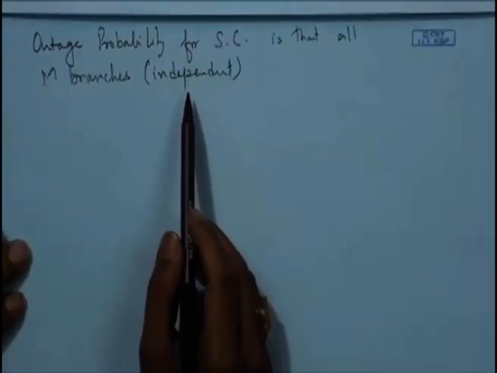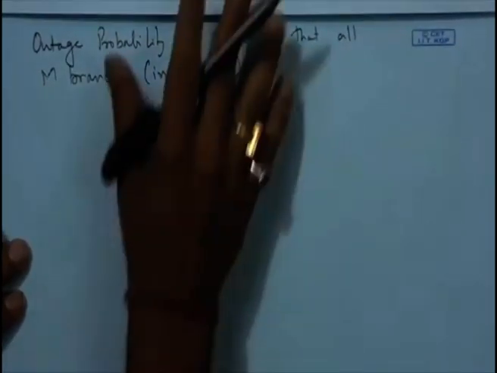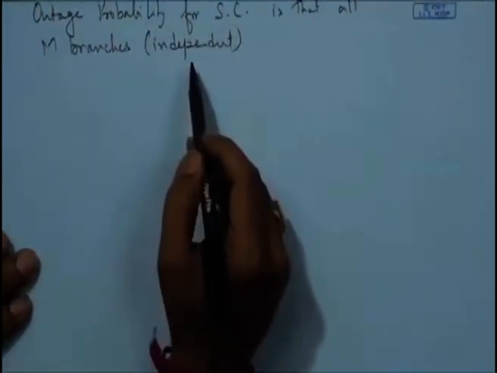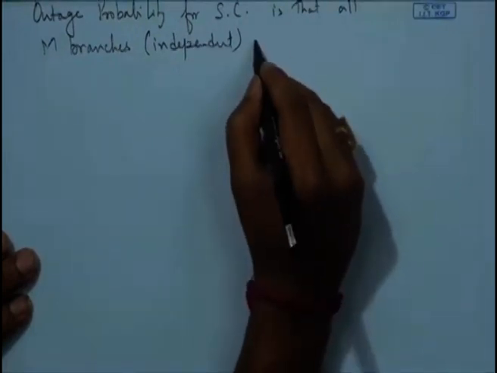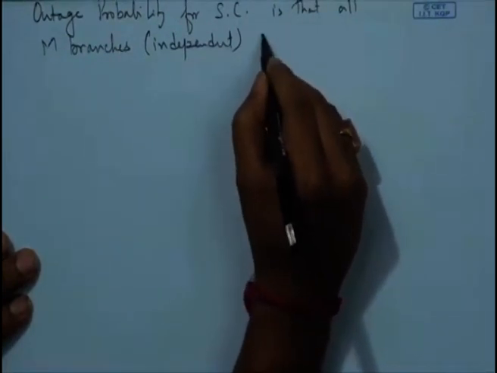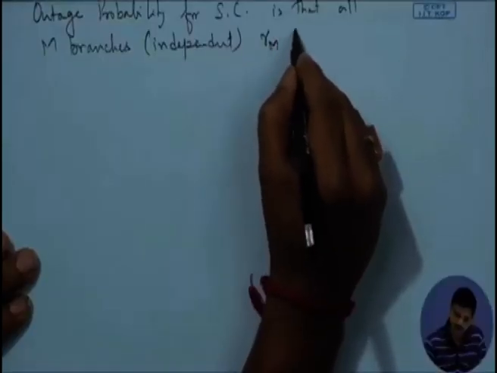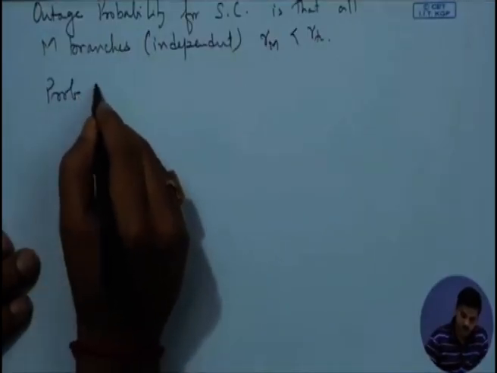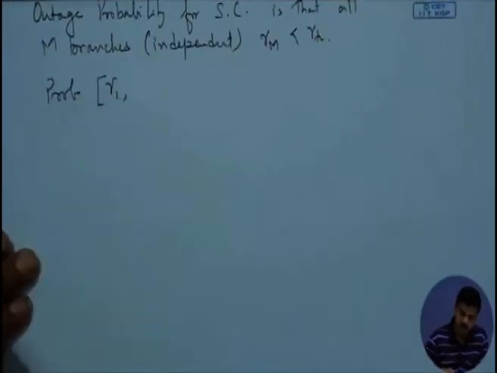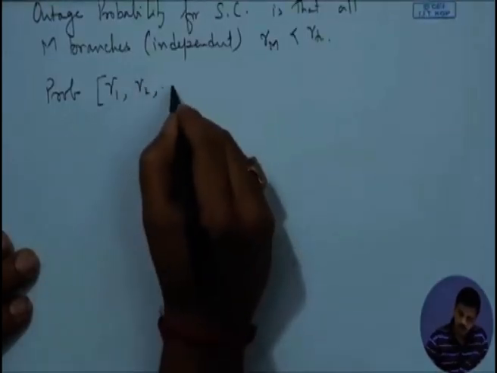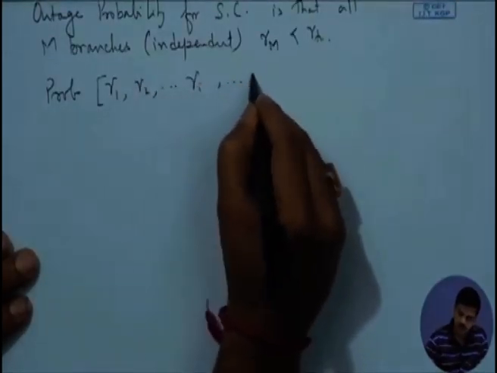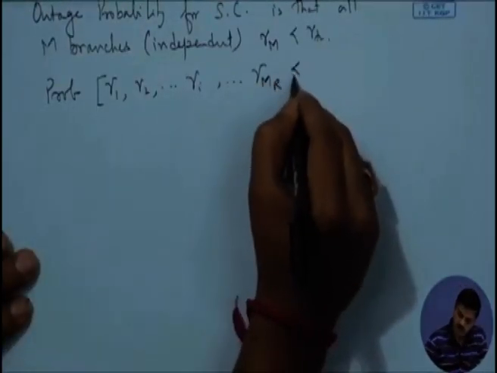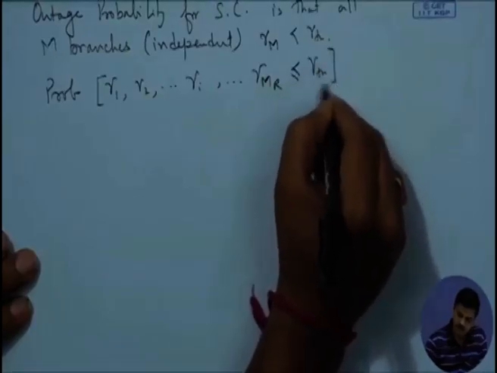For independent branches, the received signals are received simultaneously amongst all the branches. So, basically the outage probability for selection combining is that all M branches combined together have SNR, that means gamma combined, less than a certain threshold. This is what we want. So, basically what we are saying is the probability that gamma 1, the SNR of the first branch, gamma 2, the SNR of the second branch, let us say gamma i for the ith branch, up to gamma M_R, so you have M_R receivers, are all simultaneously less than a certain gamma threshold.